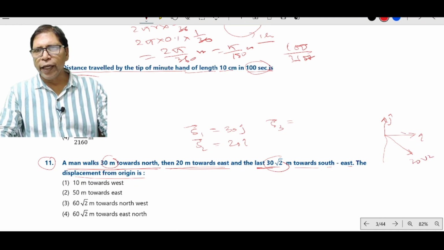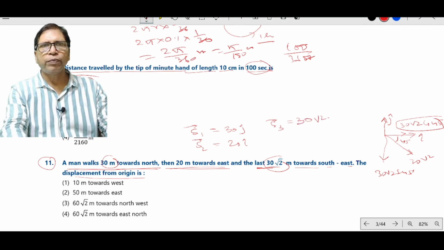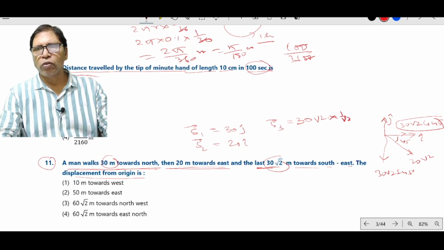So the component of it along east is 30 root 2 cos 45 degree, since this angle is 45 degree. And along this direction, it is 30 root 2 sin 45 degree. So the component along east is 30 root 2 into cos 45, which is 1 by root 2, so 30 i cap. Plus along south, it is 30 root 2 into 1 by root 2.